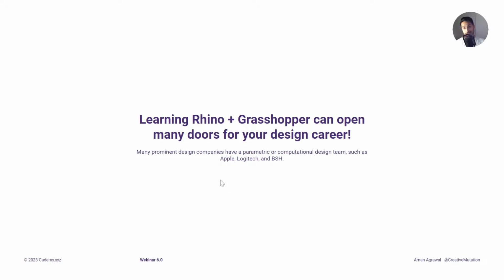If you take Alias, for example, it can retail all the way from 15,000 euros above, right? And other CAD packages, you have subscription, and Rhino is for perpetuity and it's not that expensive. And then you throw Grasshopper to the mix, it opens a lot of possibilities. Okay, so a lot of companies like Apple, Logitech, BSH, they have their own parametric or computational design division, and they always require anyone applying for the job to know Grasshopper and Rhino.